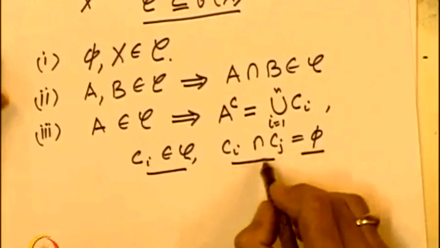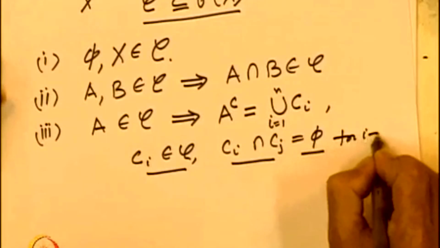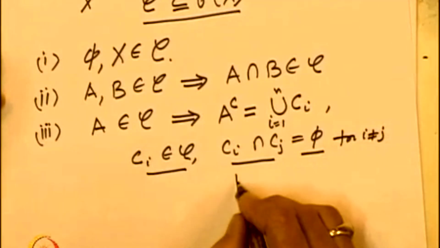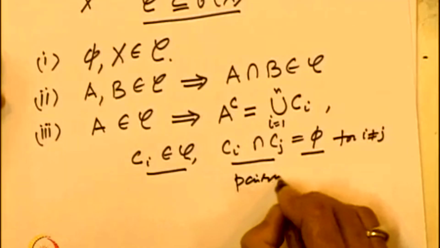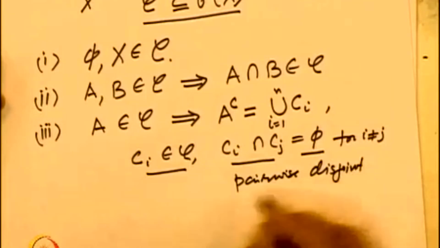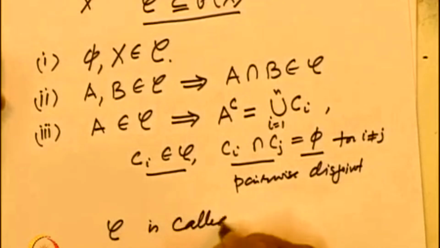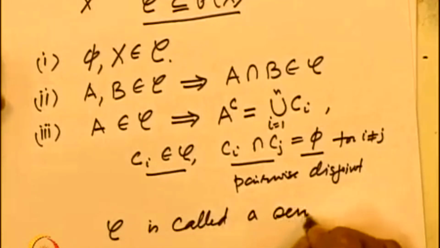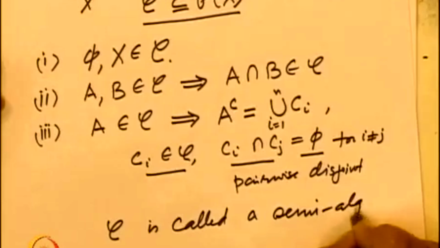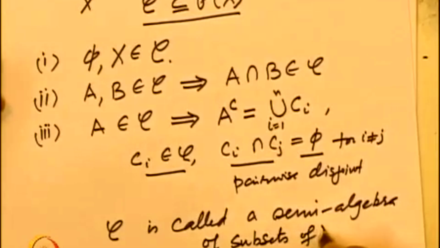That Ci intersection Cj is empty for i not equal to j, we just say they are pairwise disjoint. Such a collection C is called a semi-algebra of subsets of X.